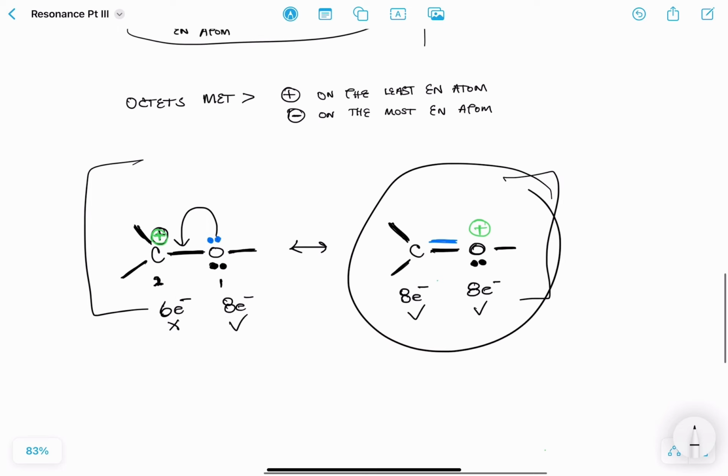So that would make this the major resonance contributor, even though on the left structure you have the positive charge on the least electronegative atom. So again, octets trump having the positive charge on the least electronegative atom.